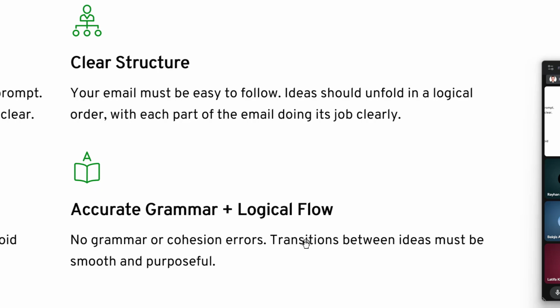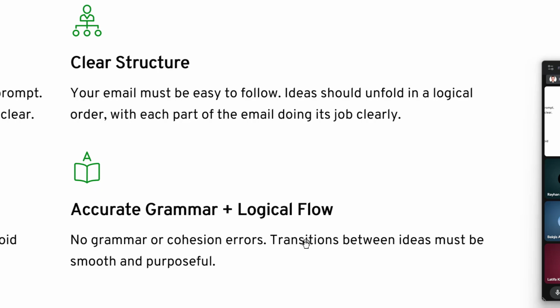In other words, the official rubric for the email writing task says that you have to have syntactic variety. Syntactic variety simply refers to using grammatical structures from basic to advanced. You have to use a variety of sentence structures to convey your message in your email.